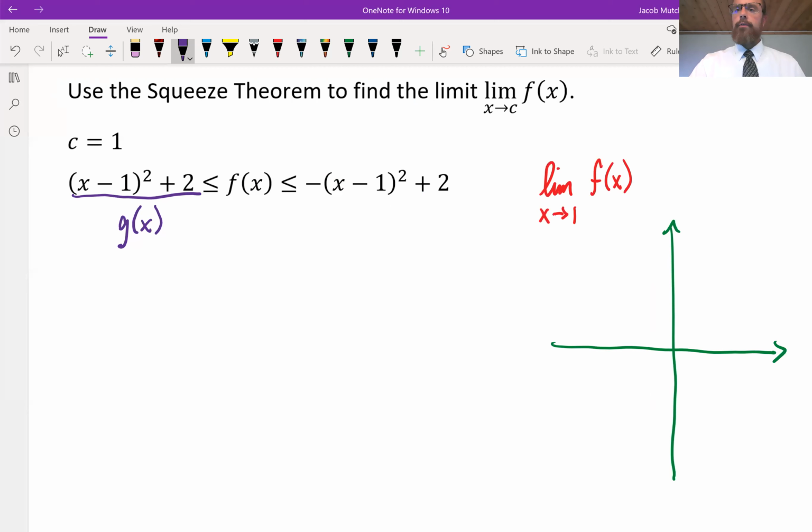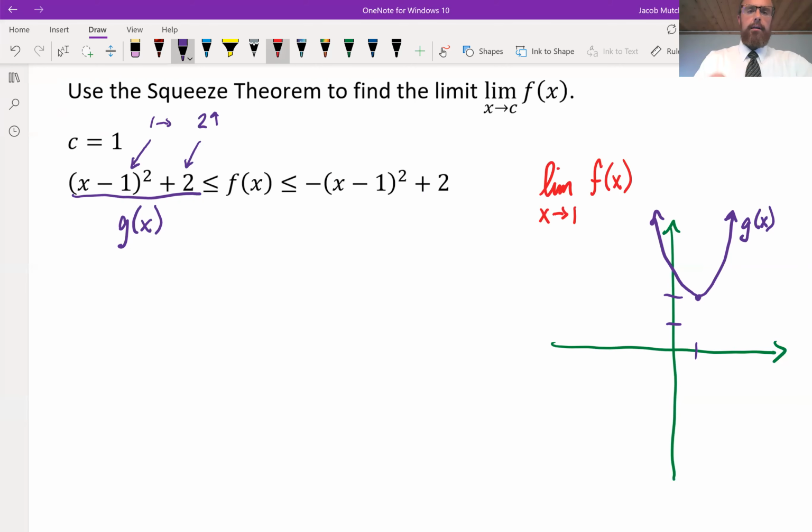That's a quadratic that's just been translated. Remember that the minus 1 on the inside means it's been translated 1 to the right, and the plus 2 means it's translated 2 up. So I'm going to find the point (1, 2), and then draw the parabola same as the parent function. It's just been shifted across the coordinate plane. And that's g of x.